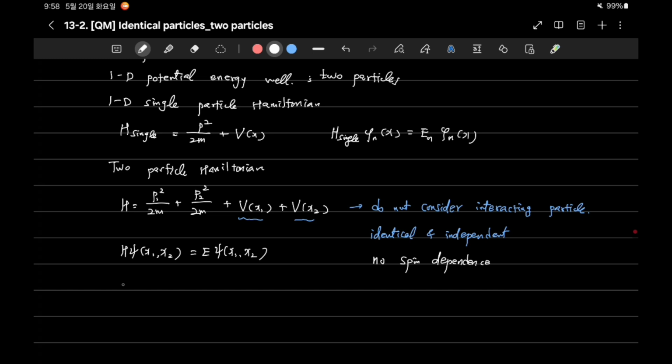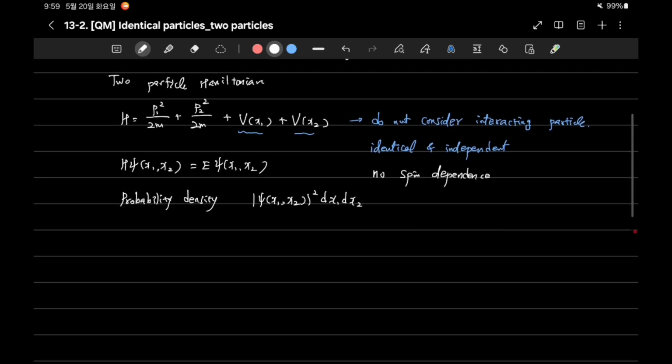The two-particle probability density can be calculated from the square of the wave function, |psi(x1, x2)| squared, integrated with dx1 and dx2. That is the probability of finding particle 1 at x1 and the other particle at x2, so it is the probability of finding two independent particles.